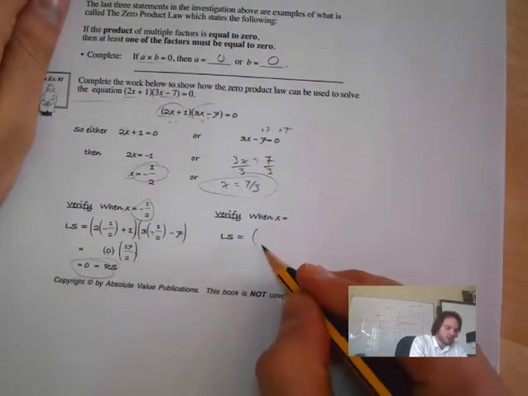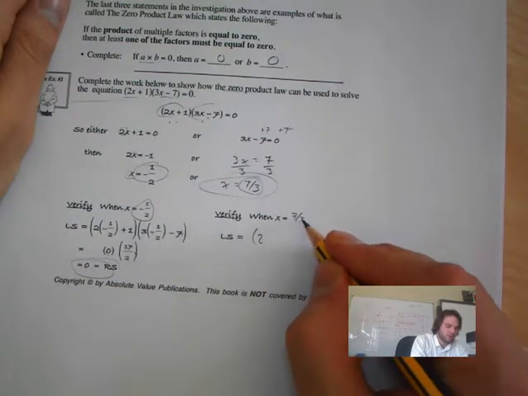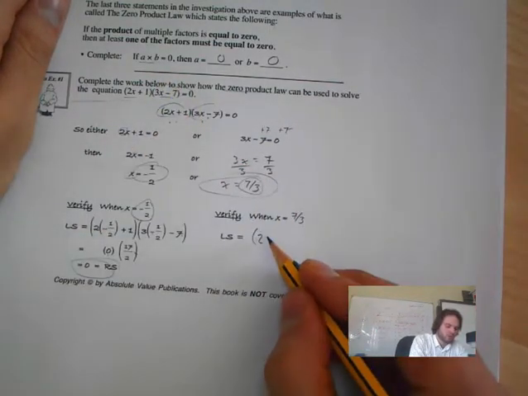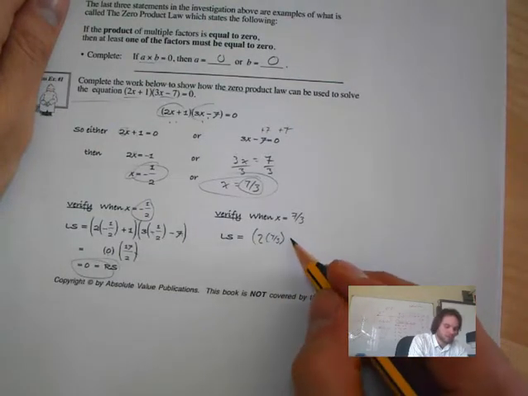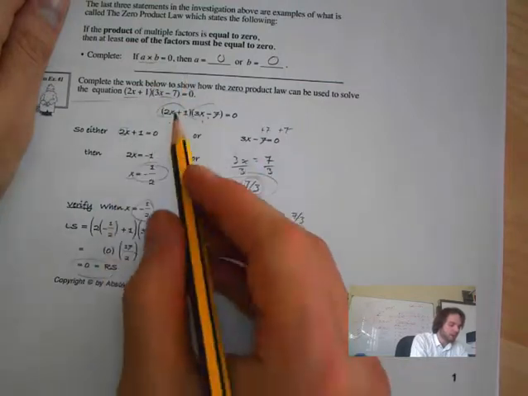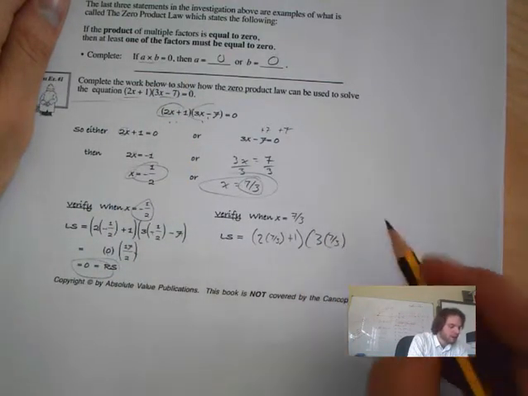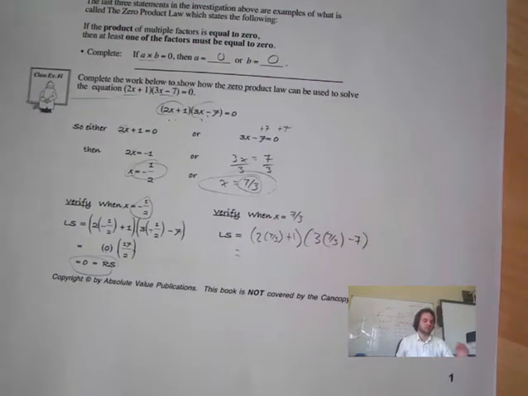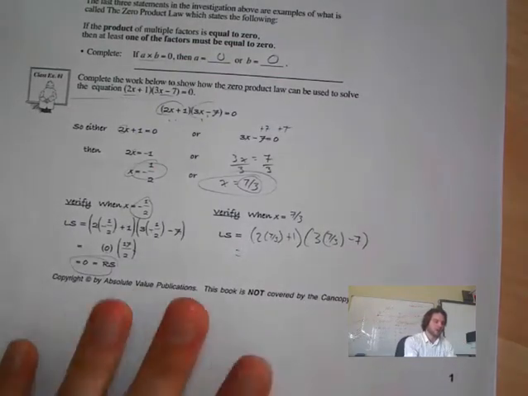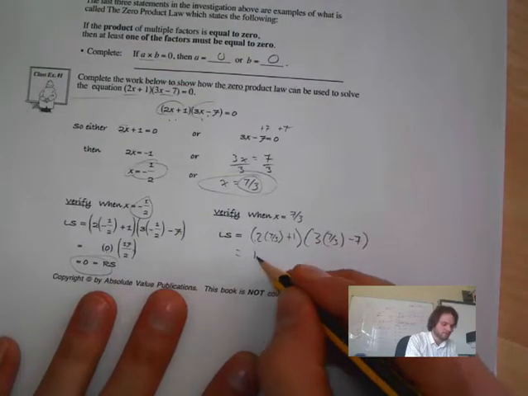So we have 2, and x is now 7 over 3. So we have 2 multiplied by 7 over 3, and then we add 1, all multiplied by 3 multiplied by 7 over 3, and then subtract 7. Well, 2 multiplied by 7 over 3 gives me 14 over 3, plus 1, that's 3 over 3, which gives me 17 over 3.